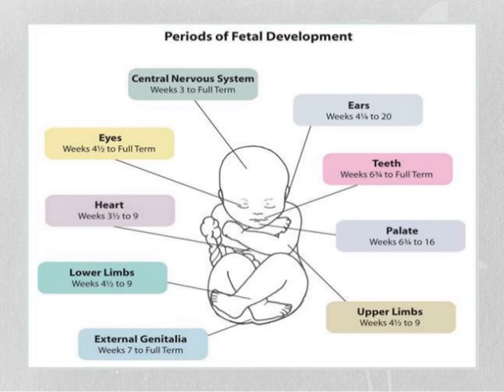Okay, so this is just a nice slide showing where in time during development of the fetus do these different systems start to develop. And if you look at the nervous system, 3 weeks. The heart, 3.5 weeks it starts. The eyes, 4.5 weeks. So very early on, you're getting organ development.